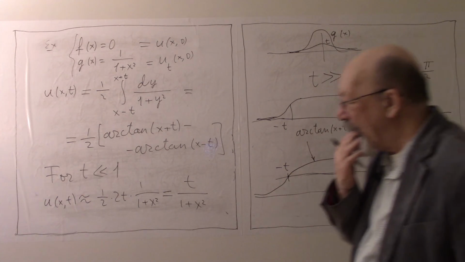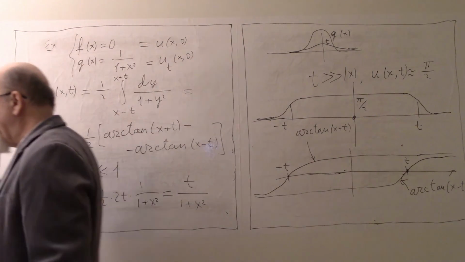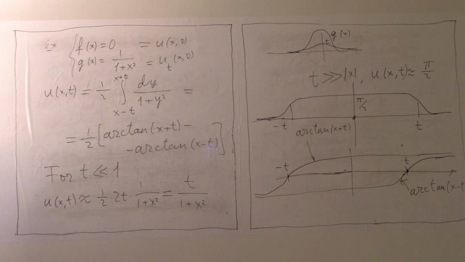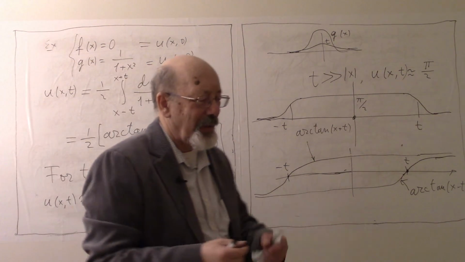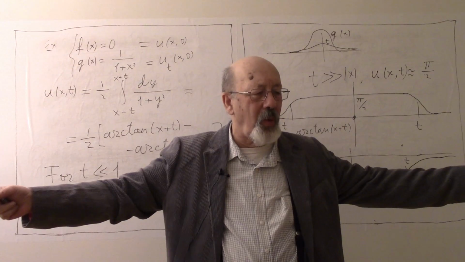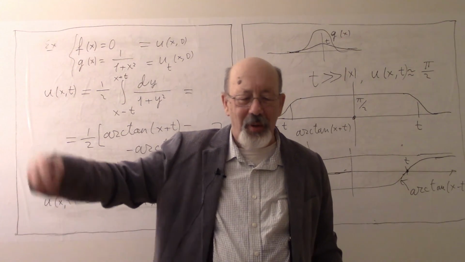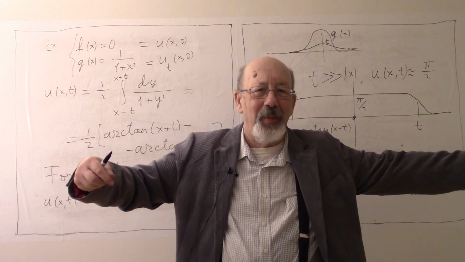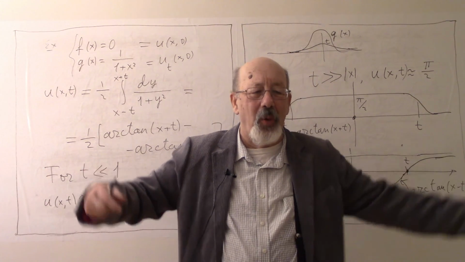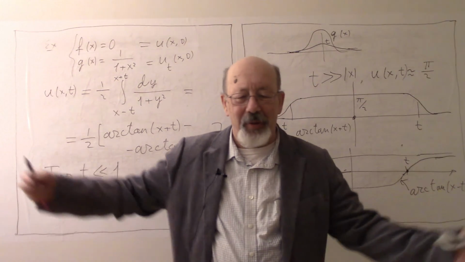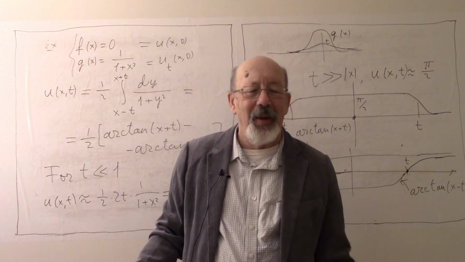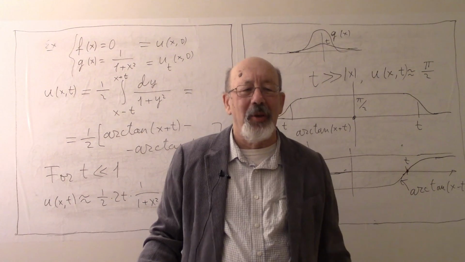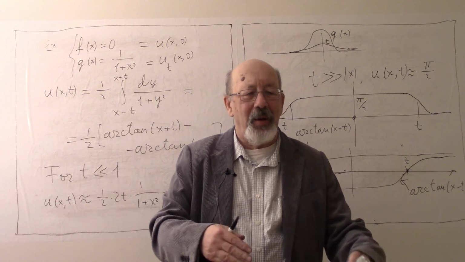Now, I would be glad to show you the physical experiment, but maybe it is better if you do it yourself. Take a long rope and try to oscillate its end and see the waves running along the rope. Or simply take this rope and give an impulse, a kick in the middle of the rope, and see what happens.